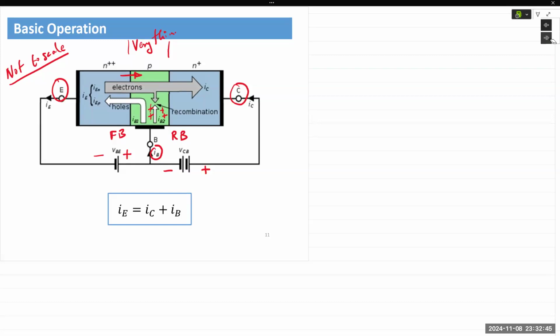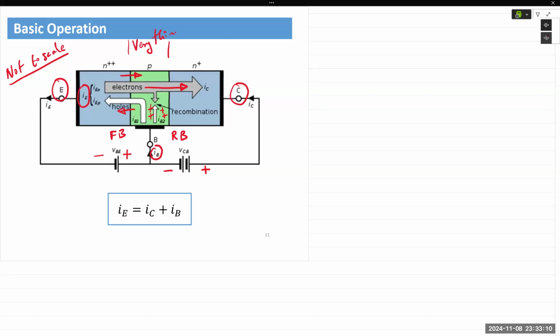The diffusion of the electrons in one direction, of course, is also accompanied by the diffusion of holes in the opposite direction. So that also contributes to the total current flowing through the emitter. A majority of the electrons, however, pass through the base region and cross over into the collector region.